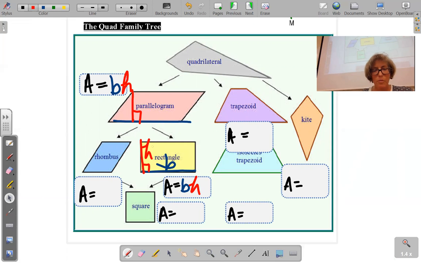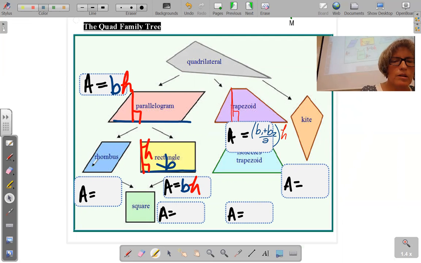Alrighty, let's check here. First off, the parallelogram and the rectangle are both base times height. Right? And the trapezoid is kind of base times height, but we have to average the bases, remember? Average the bases, then times the height. So that's the trapezoid. Both the rhombus and the kite have the exact same equation.